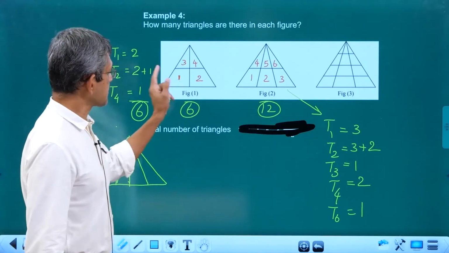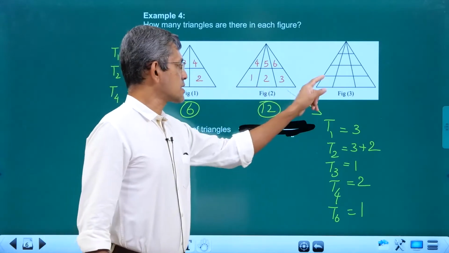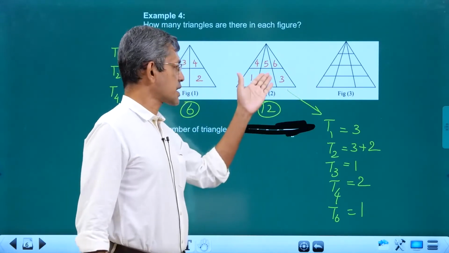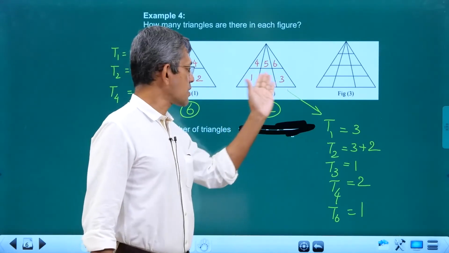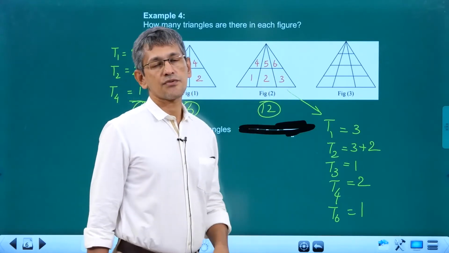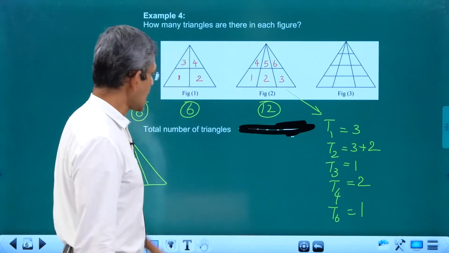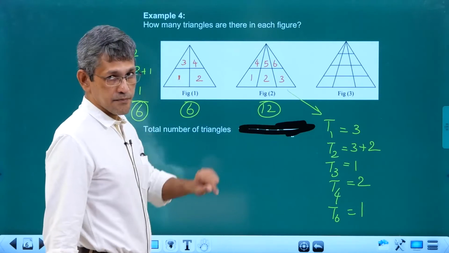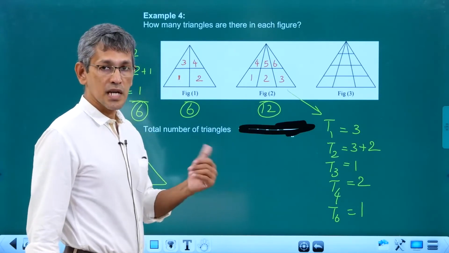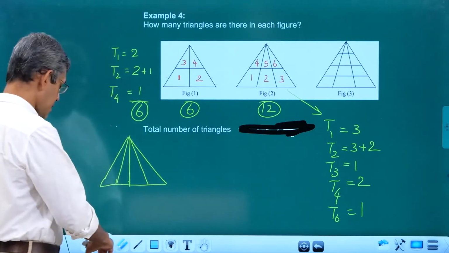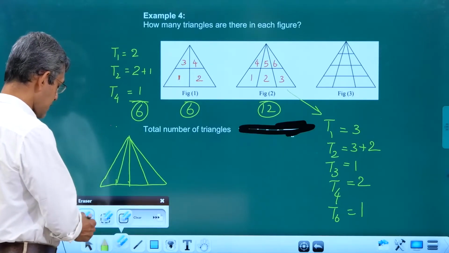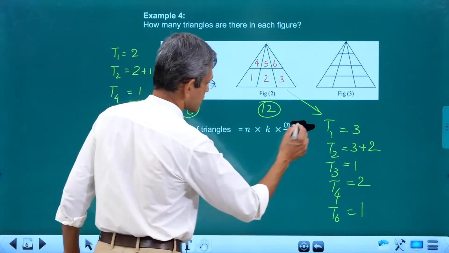But in this case, each small piece is not a triangle. Some of the small pieces are triangles, but not all of them. So in that case, we have to go with this formula. That's an easy way of dealing with this. So what is that formula? Let's discover it.